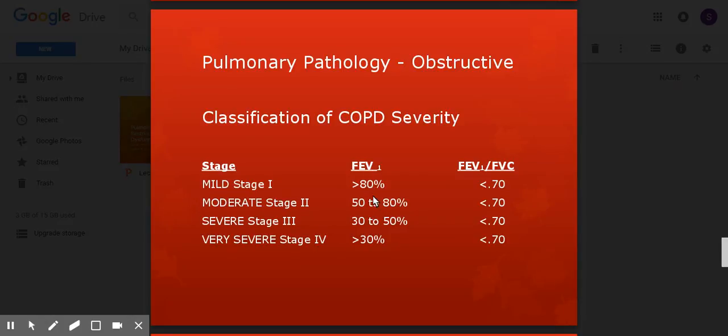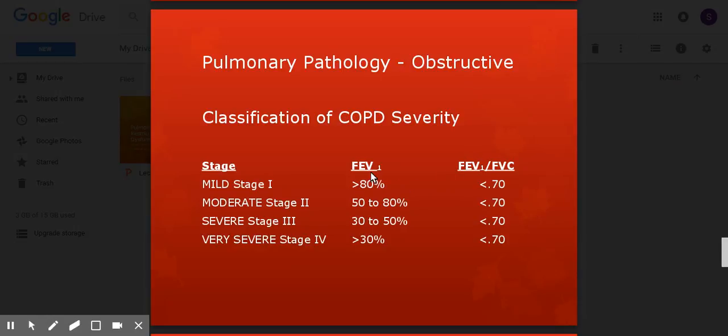As you progress from one to the next category of severity, you see a gradual reduction in the ability of the body to produce that forced expiratory volume in the first second of exhalation. A normal person can exhale a large volume of their air, typically greater than 70% of all the air that you exhale in a normal situation is exhaled in the first second.